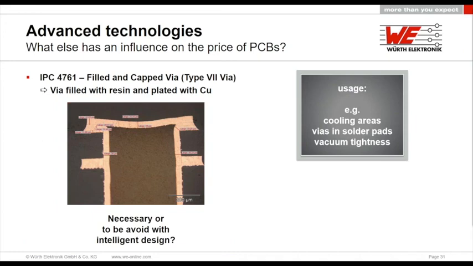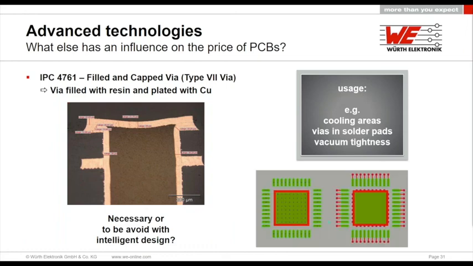But the question always is, is it necessary or can it be avoided with intelligent design? For example, to switch over to microwire technology. There you do not have a through hole, so the solder doesn't flow away. Or on the bottom right side, you see an example where the wires have been removed from the pads and even have been removed from the ground area to the edge of the ground area, so that you can still do the plating.